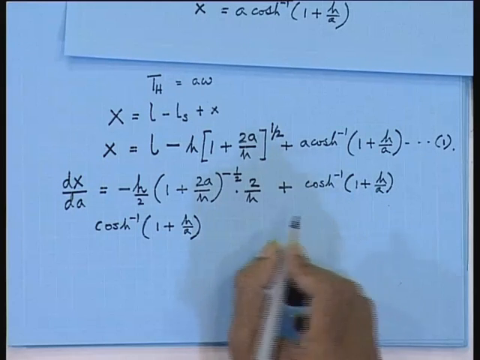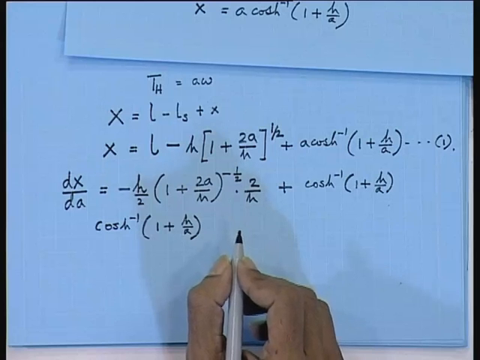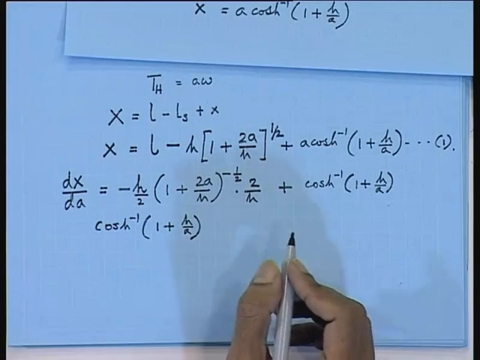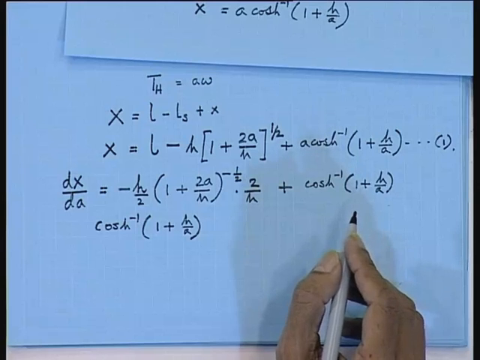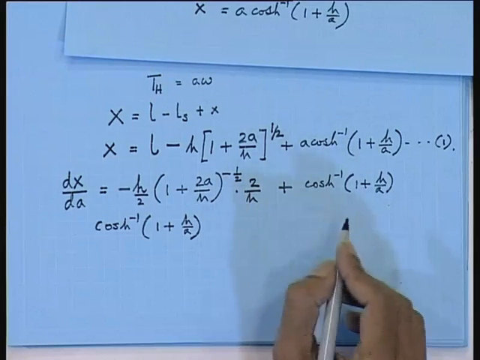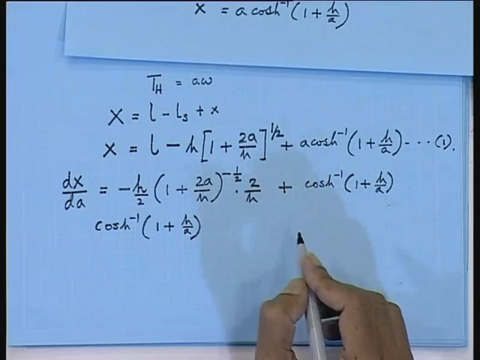Next class you tell me the expression for d dx of cos hyperbolic inverse x. You know that it will come up as some exponential function, so you have to differentiate an exponential series.